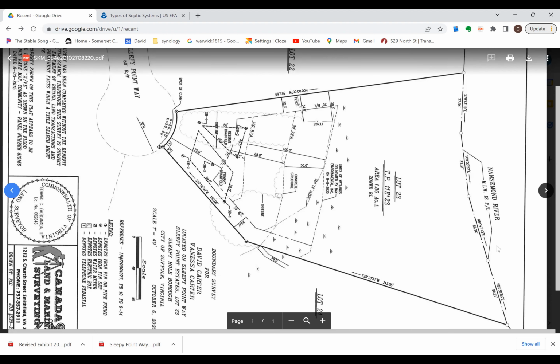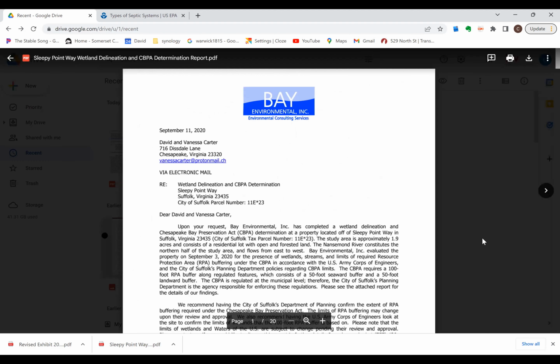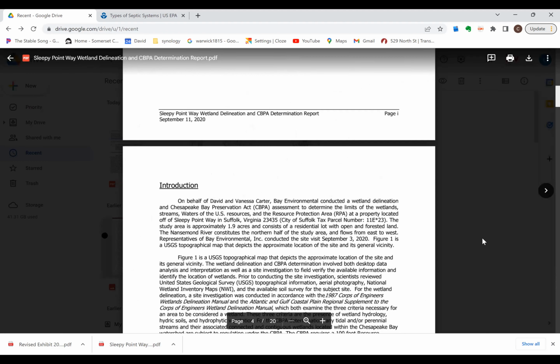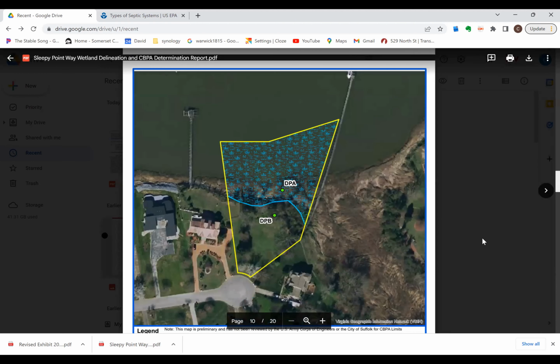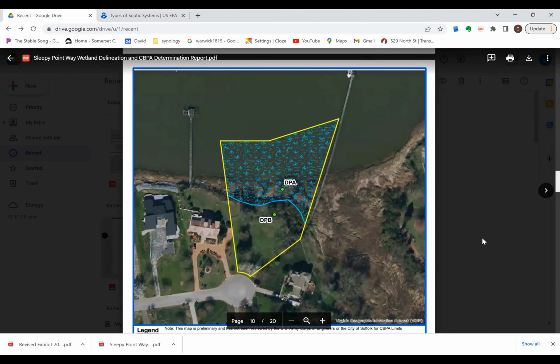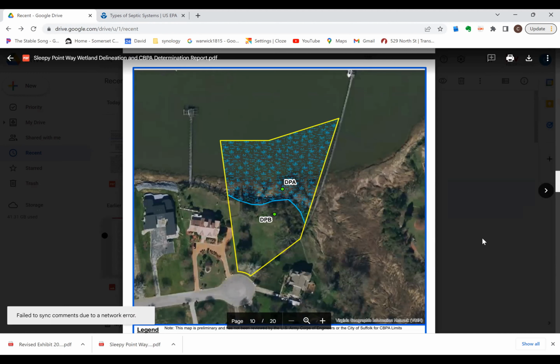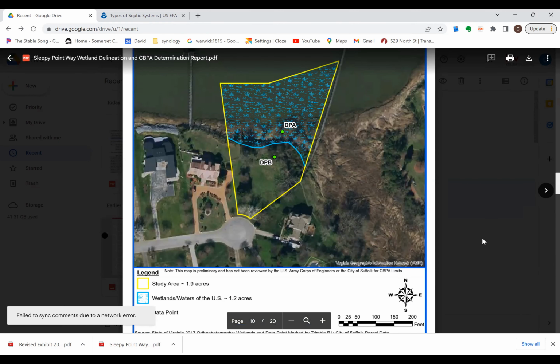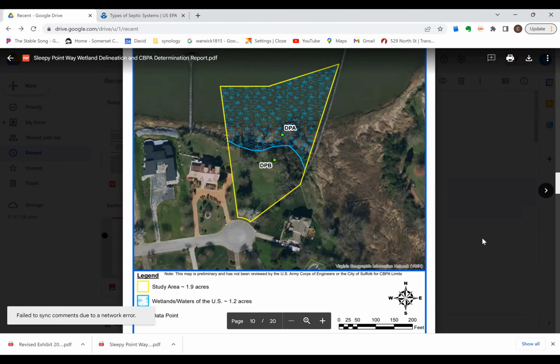Now, and then we get to our wetlands delineation here. So everything in blue is wetlands. Now it's a pretty big lot. The lot goes fairly far out into the water. But there's going to be setbacks in addition to, so the lot was 1.9 acres.